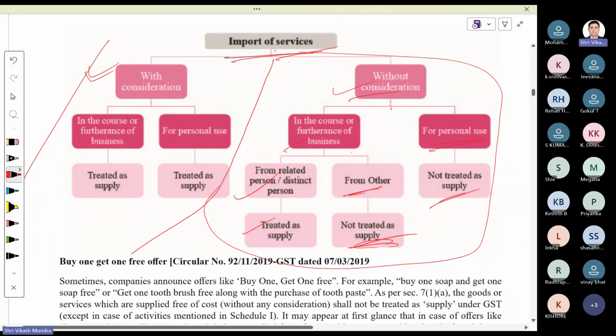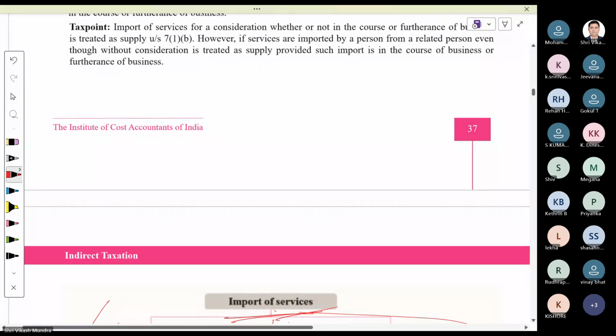For example, I purchased premises located in Tamil Nadu for my office. My sister, located in the US, is an interior designer. I asked her to design it for my office, and since she is my related person, I am not supposed to pay any money to her.